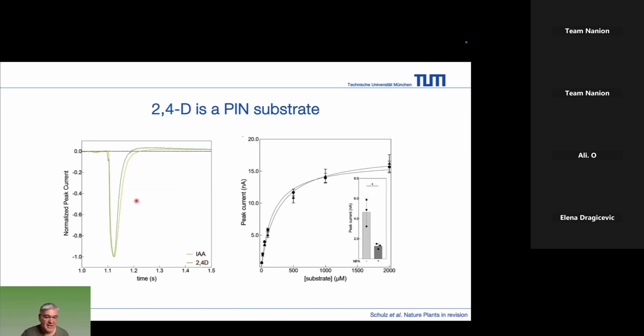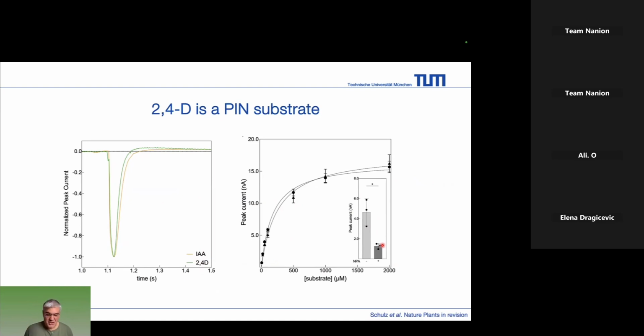You can see that there is a little bit of difference that is mainly concerning the width of the peak. However, when we titrate this, what you can see is that these dose responses are virtually indistinguishable. What you always see here in the back is to show that also the 2,4-D current is sensitive to a well-known inhibitor, but this doesn't matter for the purpose of this talk.